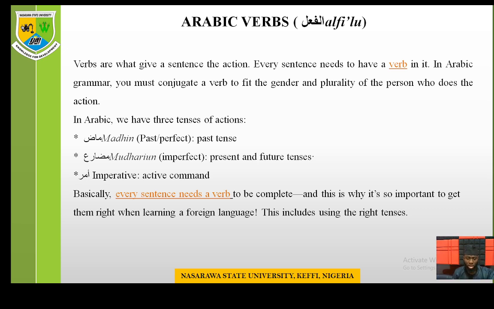So these three tenses we have are what we call Arabic tenses.